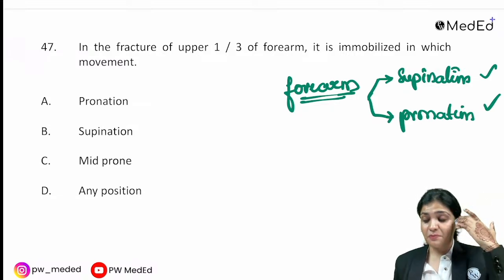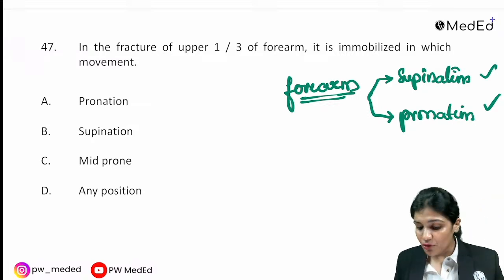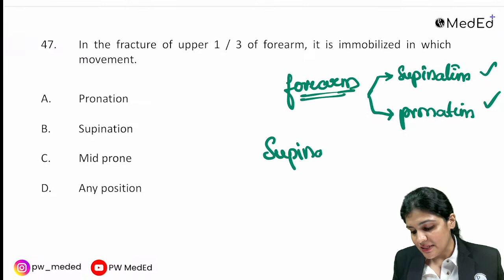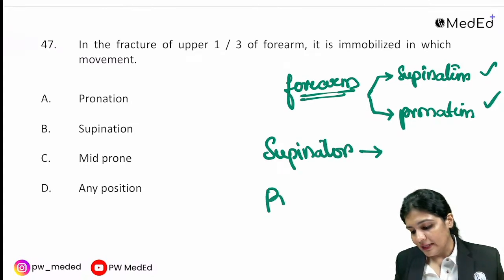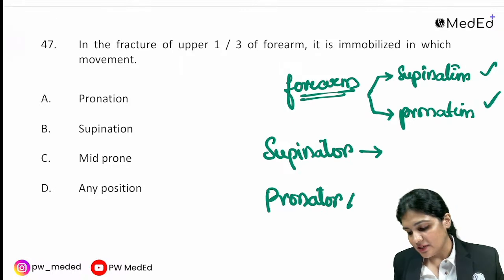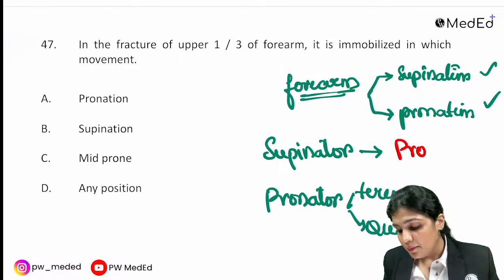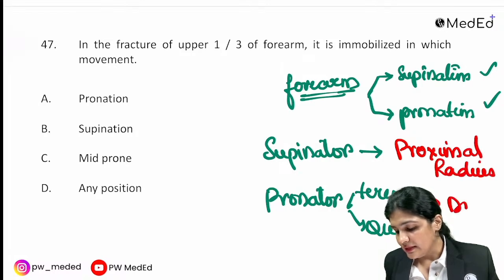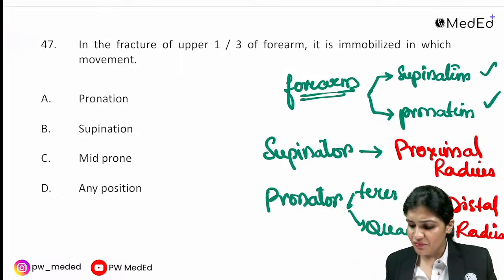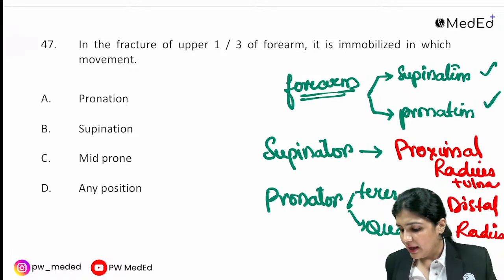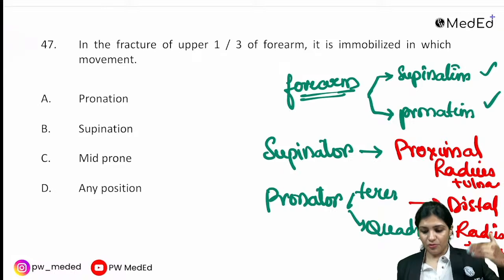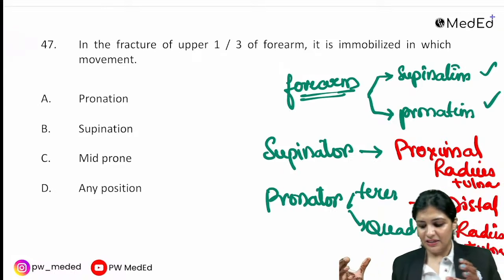To do these movements, you have supinator muscles and pronator muscles. Pronator teres and pronator quadratus are the two types of pronator muscles, and supinator is mainly seen in the proximal radius, and the pronators in the distal. So in the proximal forearm you see the supinator, and distally you see pronator teres and pronator quadratus.